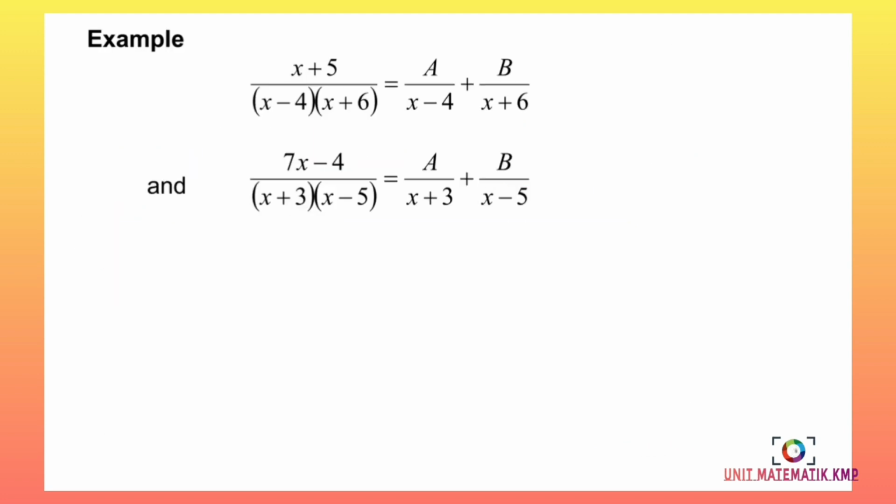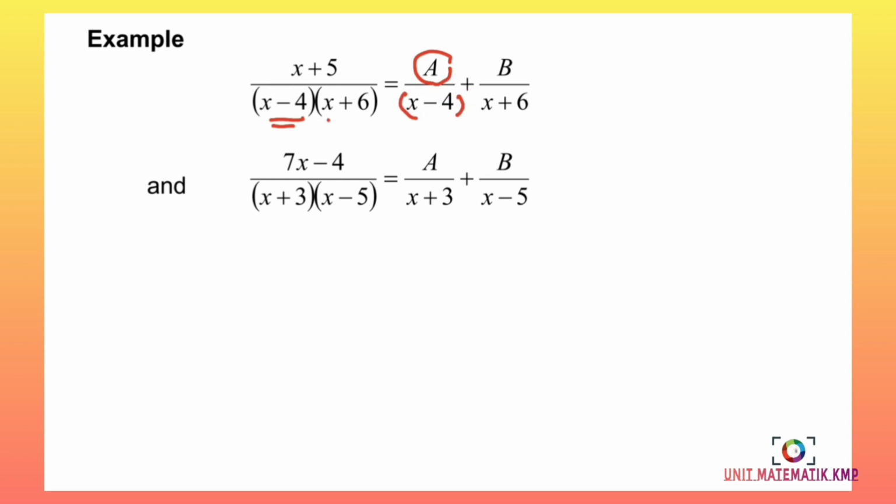Okay, let's look at how we can split the given proper fraction into partial fractions. For example, the left hand side is (x plus 5) over (x minus 4) times (x plus 6). To split into partial fractions, x minus 4 is a linear factor, so the numerator should be a constant, which we denote as a.